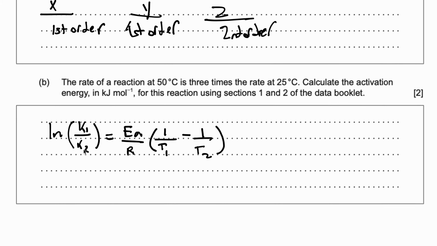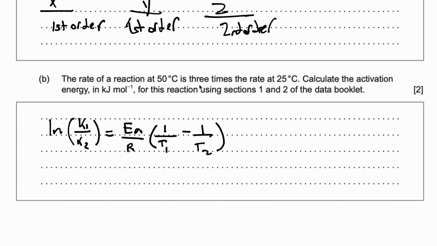Let me explain. I know that this is the same reaction, but I also know that the rate of reaction at a particular temperature is 3 times the rate of reaction at a different temperature. If the concentration and the order of the reaction is kept the same, the only thing that's changing in order for the rate of reaction to change is the k constant. And so I know that the ratio of k constants, k1 is to k2, will be 1 is to 3.